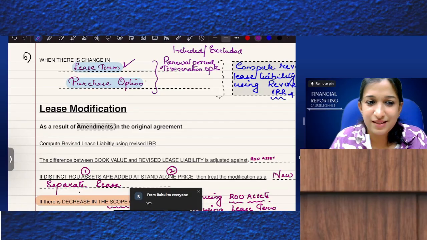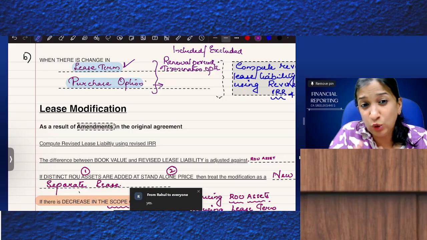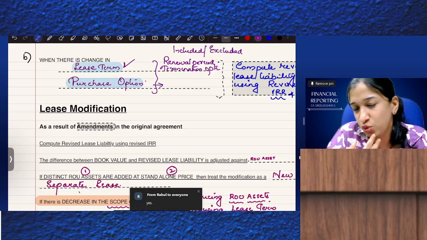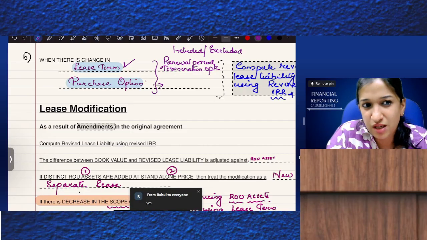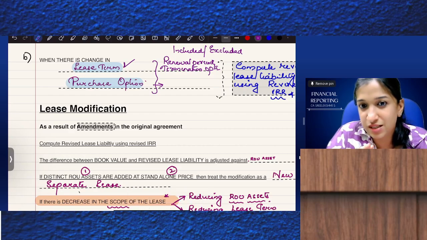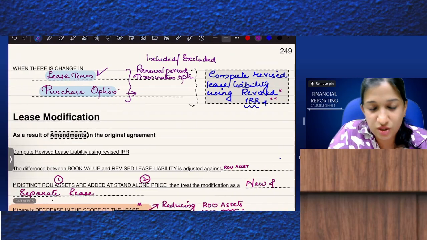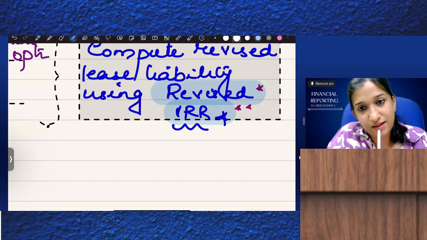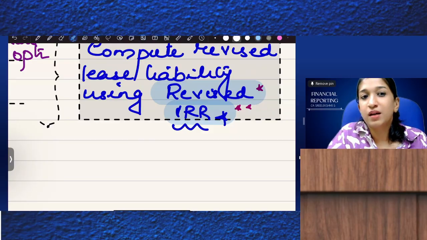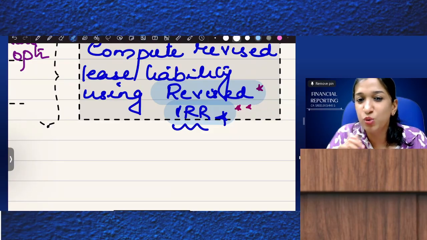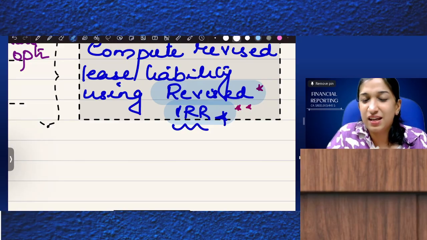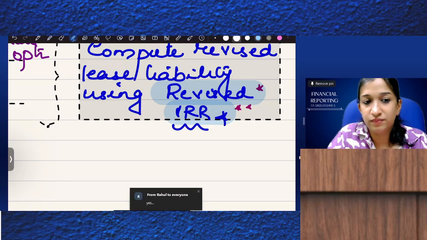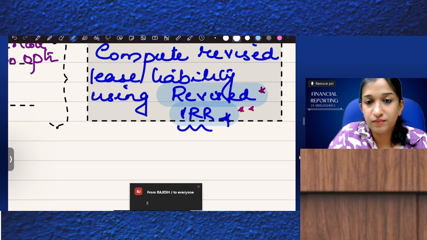Am I correct? Yes. Purchase option: initially you thought you will exercise the purchase option, then you subsequently decided not to exercise it. Because of this purchase option exercise or non-exercise, there is a change. Compute the revised lease liability using the revised IRR. Are you clear?